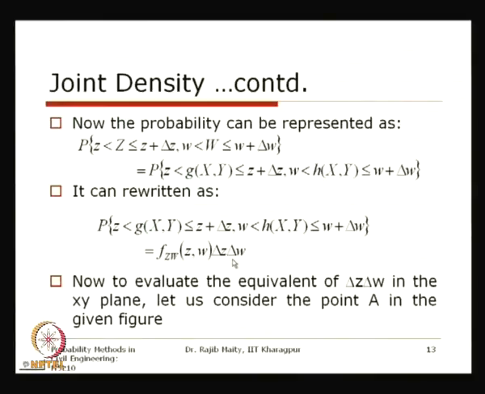See the difference from the single random variable: there, the probability density multiplied by a small elemental length over the axis gives the area, which is the probability.